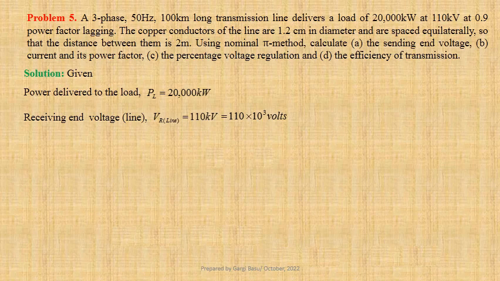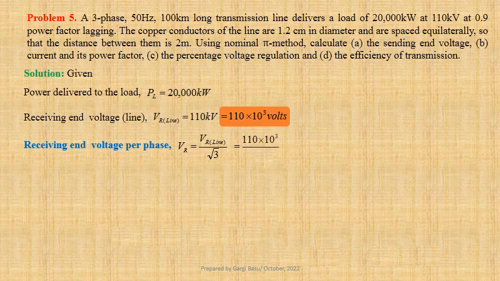For star connected system, receiving end voltage per phase VR equals VR line divided by root 3, that is 110 into 10 to the power 3 divided by root 3, which gives us 63,508.53 volt. Given load power factor cos phi L equals 0.9 lagging.